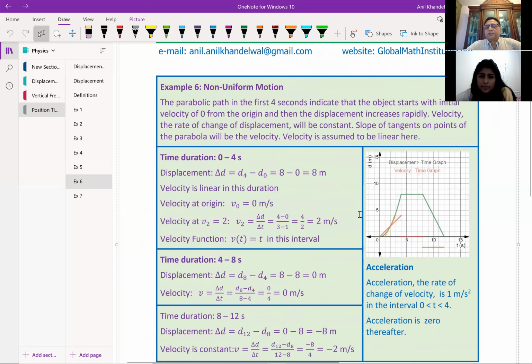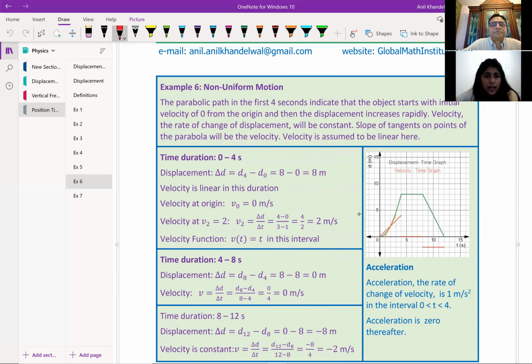Example 6. In this case, what I've done here is I've changed the first part, made it the same parabolic path as we understood in example 5, the previous example, and kept the other two quite similar to our first three examples, correct? Now, can you please read this question?